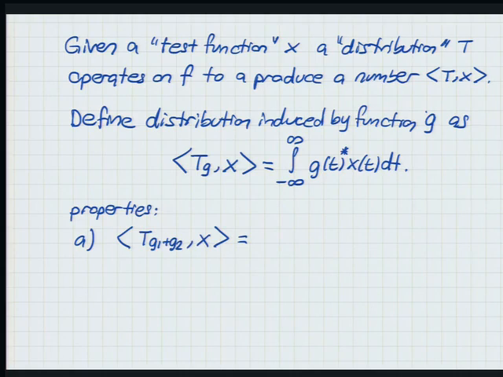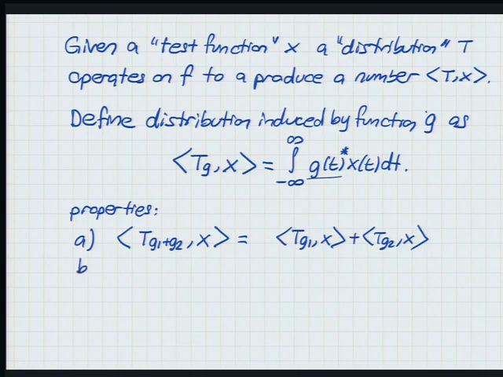Can I write it in terms of the distribution induced by g1 and the distribution induced by g2? How will it be related? It's the sum, right? Because the g that you see here will be g1 plus g2, so you split the integral into two parts. Okay? So that's an immediate property.